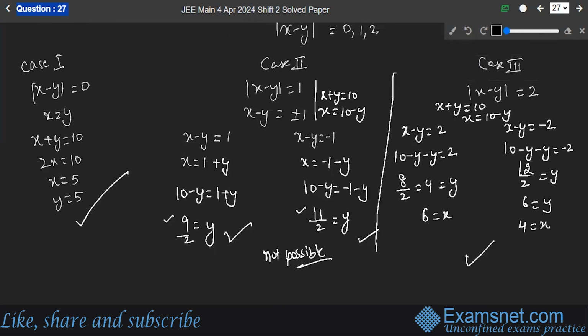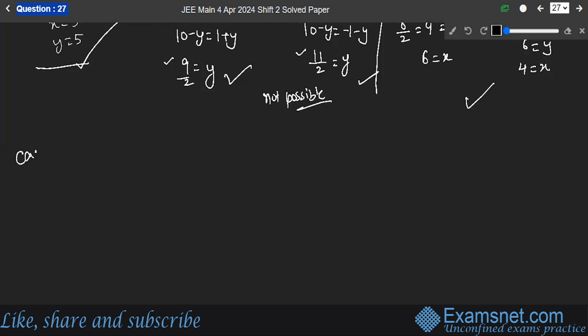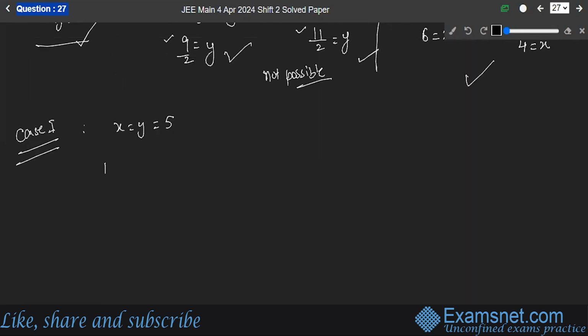Okay. Now, in the first case, case 1, when X is equal to Y is equal to 5, the probability of X minus Y equal to 0 is given by the following. The total number of matches was 10.